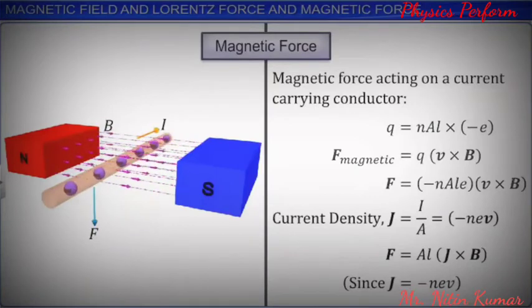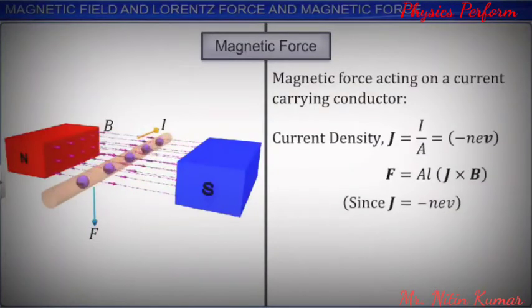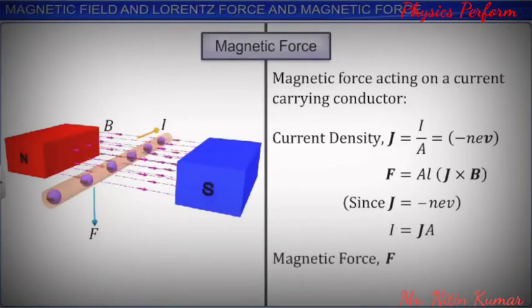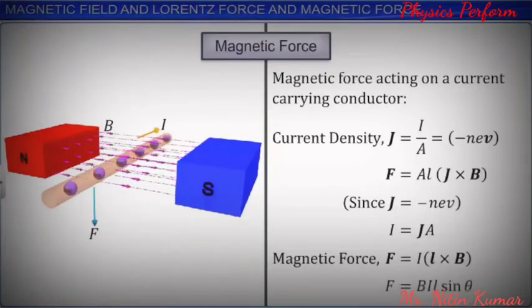From the definition of current density, current I is equal to J multiplied by A. Then the magnetic force F is equal to I multiplied by L cross B, which can be written as F equals BIL sin theta.